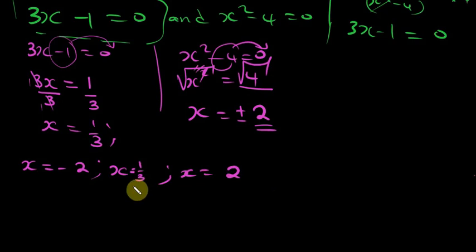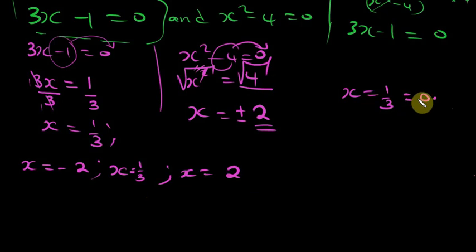What really is 1 over 3? Well, let's look at it. x is equal to 1 over 3. What really is that? Well, 1 divided by 3, it cannot go, therefore plus a 0 point.